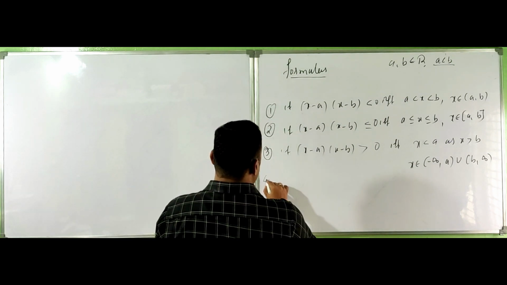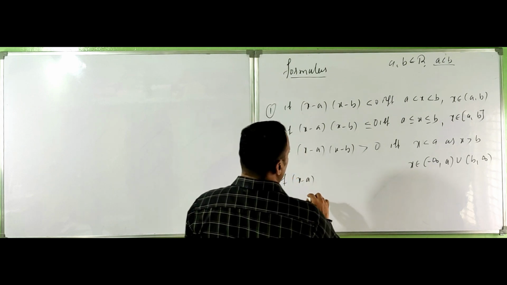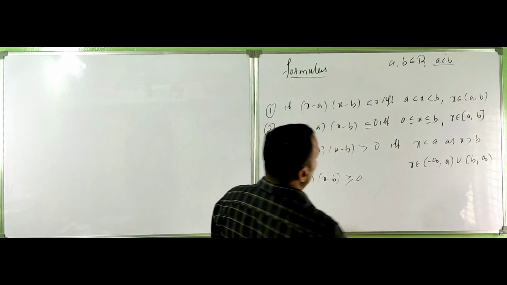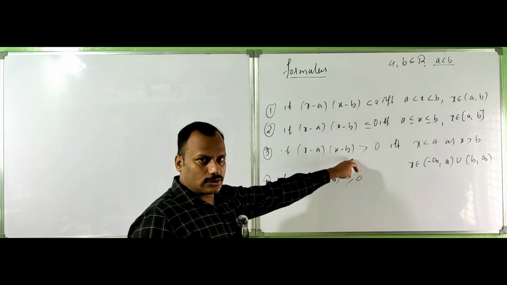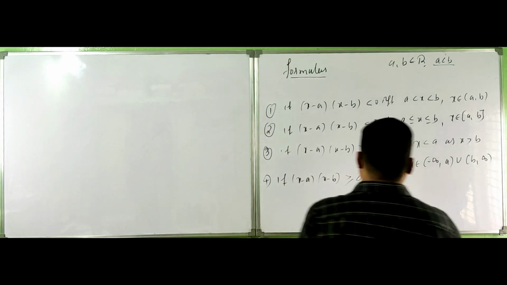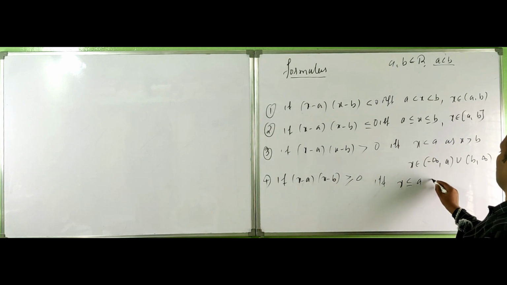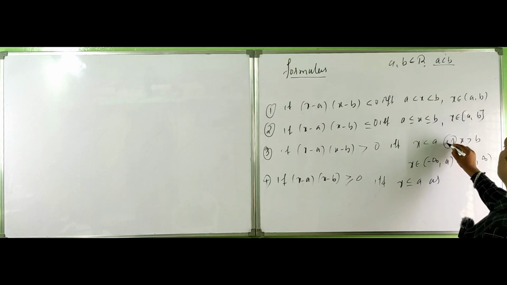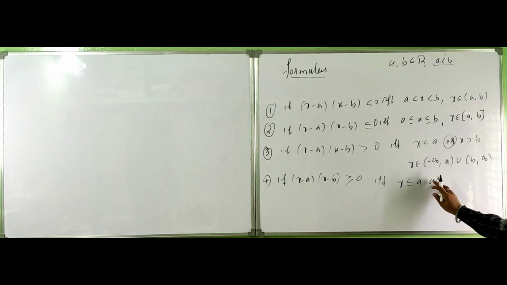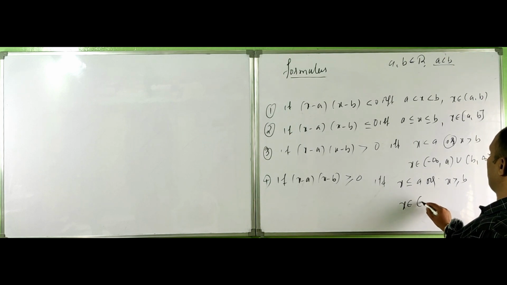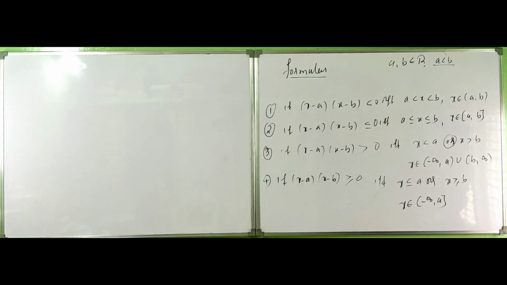Fourth one is, if (x minus a)(x minus b) is greater than or equal to 0, if and only if x is less than or equal to a, or x is greater than or equal to b, meaning x belongs to minus infinity to a, closed bracket, meaning the value is included, union b to infinity, open bracket, right?